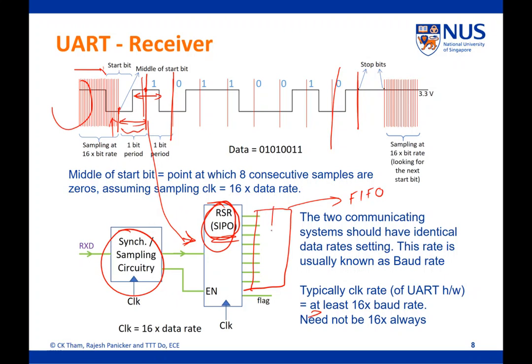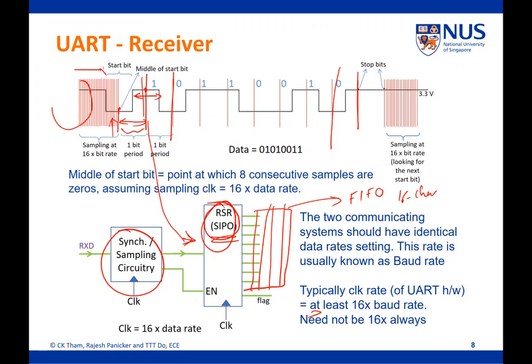Okay, and the typical size of your FIFO is 16 characters. So before the processor should start reading, you can receive up to 16 characters. If the processor doesn't start reading before the 17th character comes in, the 17th character will be lost because it has nowhere to go.